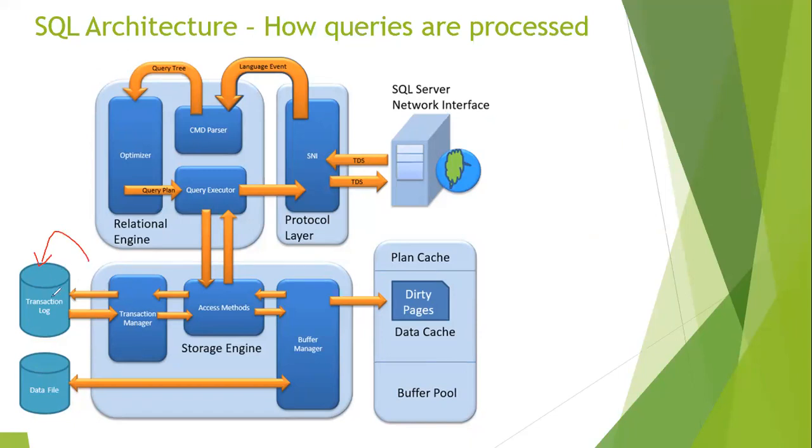Once the transaction is available in the transaction log file, then the modification is written to the data page. The data page is in memory, not on the disk, right? Once it is written, it will update the database in the data cache.